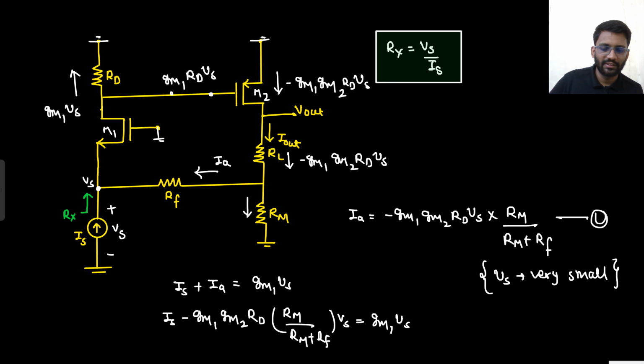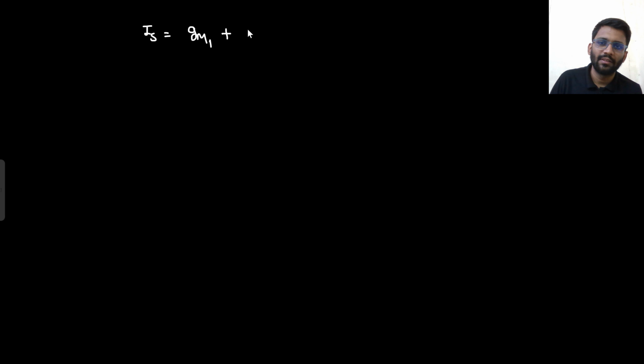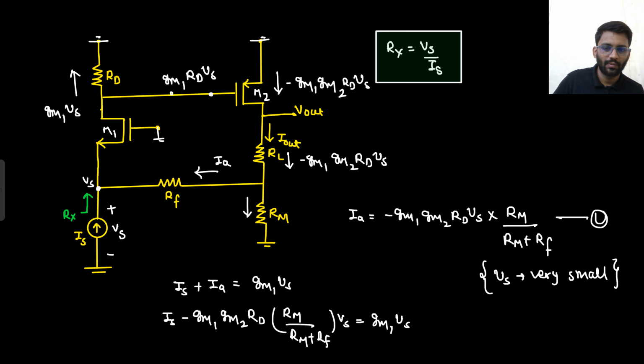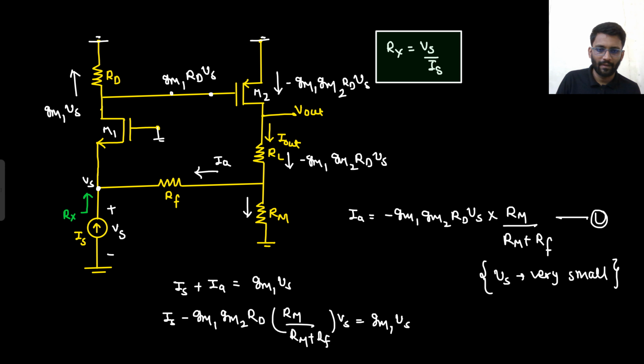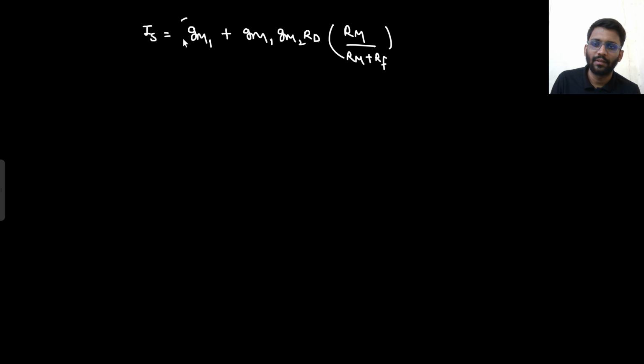So Is equals Gm1 plus Gm1 Gm2 Rd into Rm upon Rm plus Rf, and then in common there is Vs, right?